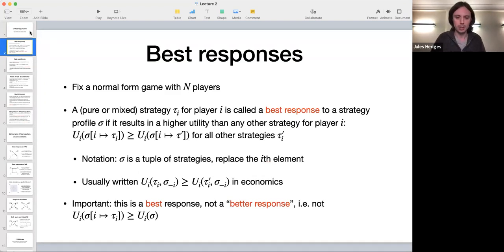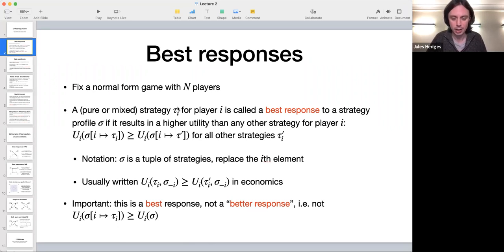So let's start looking at the definition of this. We're going to fix a normal form game. So we have a bunch of players, each player has a bunch of pure strategies, and we're going to fix a strategy profile, which is sigma. We're going to say that a strategy for some player is called a best response to the strategy profile if, so tau_i is a best response to sigma.